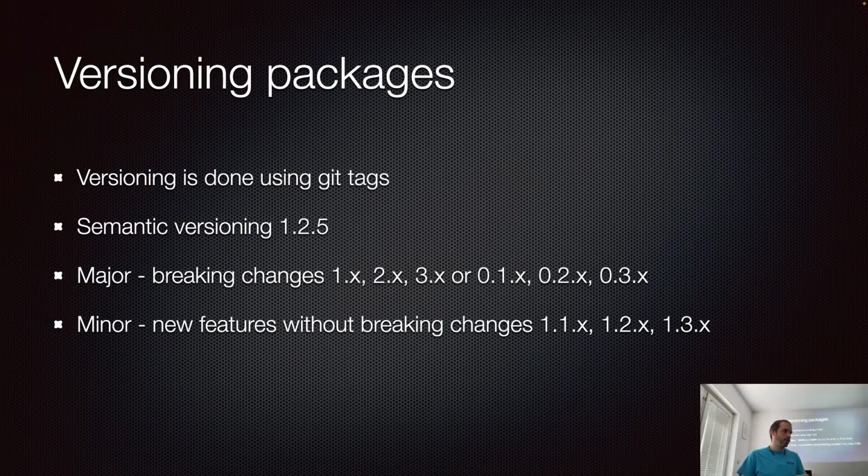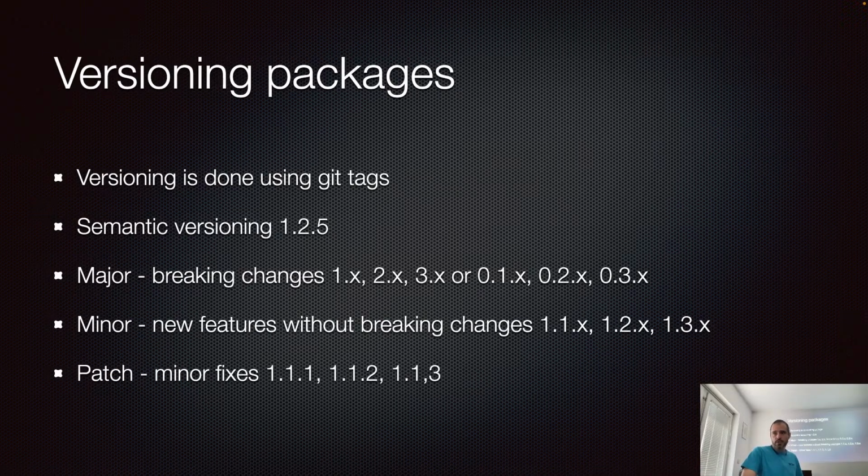So it should work as it worked before, but some major update we did, then we increased the minor version. And the last one, the patch version, is like minor fixes, bug fixes, or wording changes, or something which is really just a small thing.